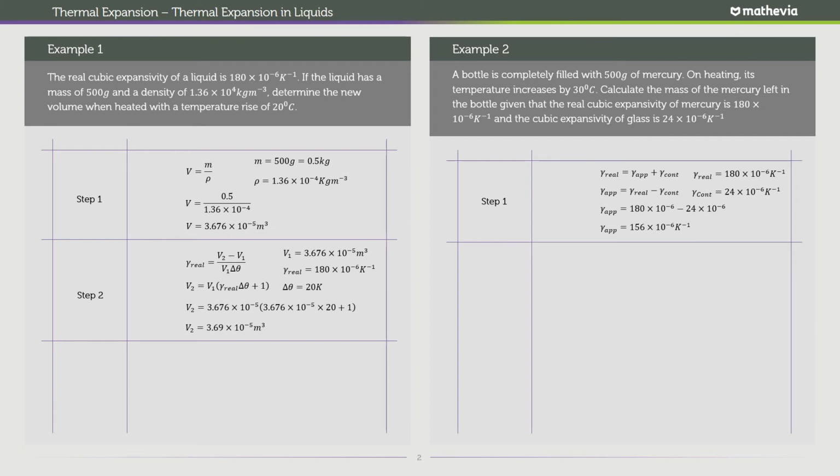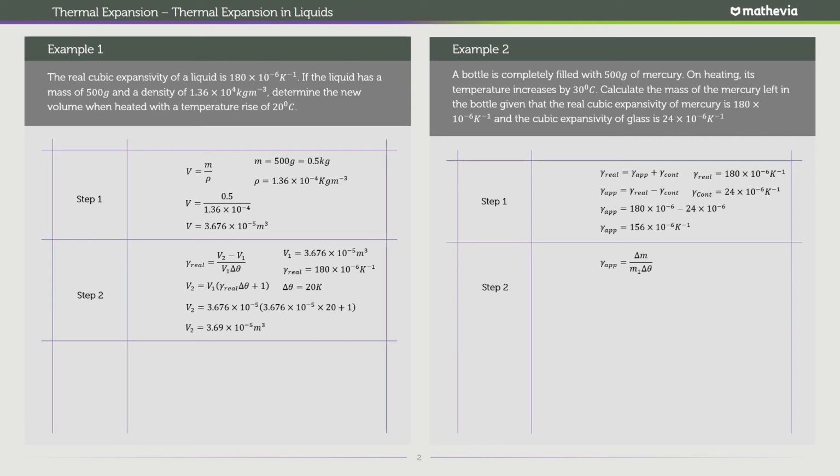Now that we have our apparent expansivity, we need to find how much the mercury would expand. In this case we're working with mass, assuming density remains constant. We have a new mass.